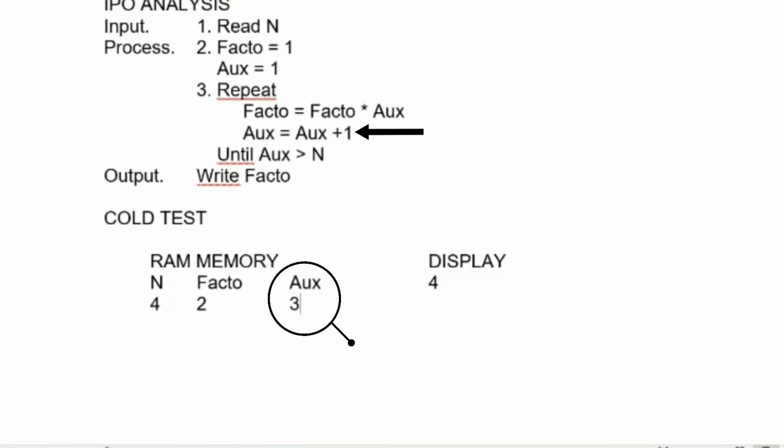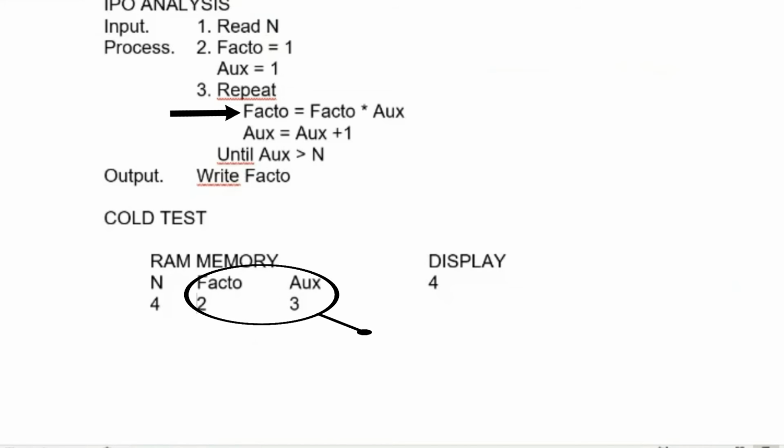So outs is 3. Until outs greater than n, 3 is greater than 4, that is false. So you go to the repeat instruction. Factor is equal to factor by outs. 2 by 3 is 6. Outs is equal to outs plus 1.